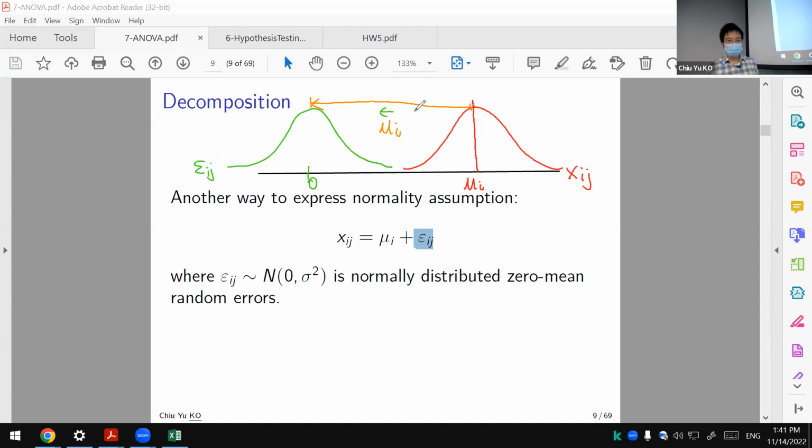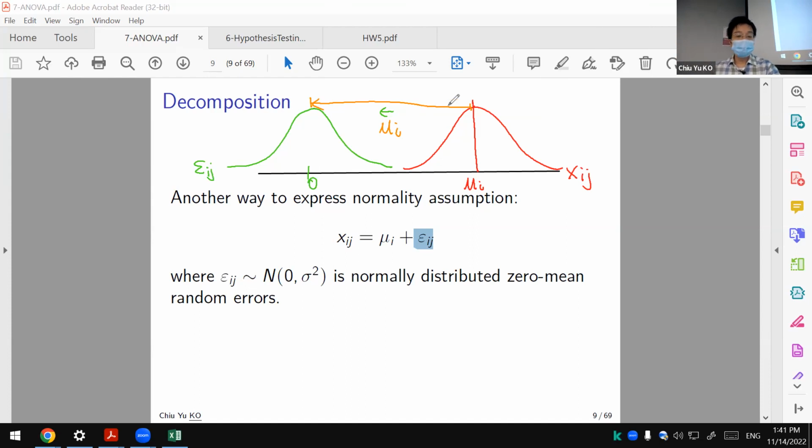That's why you can decompose Xij into two parts. One part is the constant part, mu i. The other part is what we call the error term, the random error. Is that clear? We have the bell somewhere, and we move it to 0 by subtracting its mean.